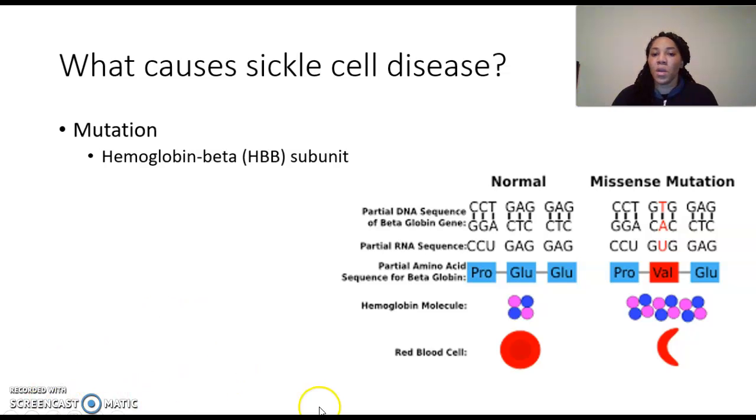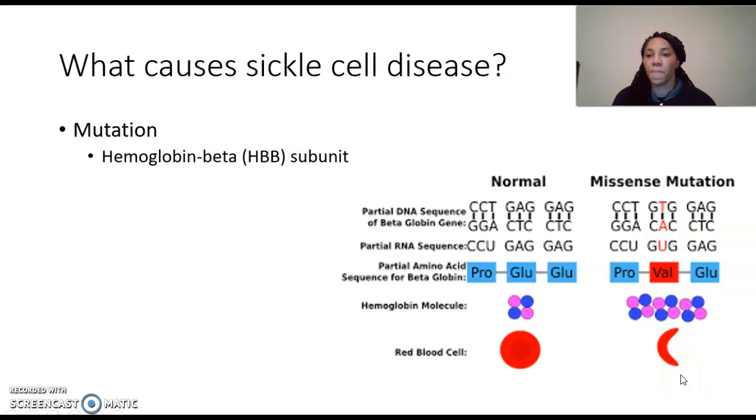So the beta subunit is coded for GAG. Now, when that mutation happens, it's coded for GUG, which changes that amino acid, which will change how that protein is coded. And when that change happens, instead of being a circular shape, it turns into a sickle shape.